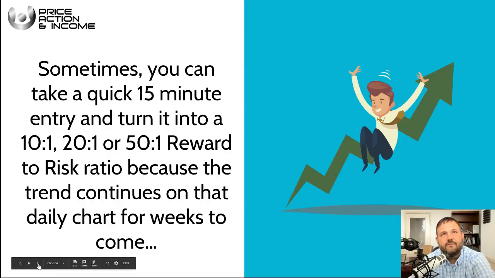Sometimes you can take a quick 15-minute entry and turn it into a 10 to 1, 20 to 1, or even 50 to 1 reward to risk ratio because the trend continues on that daily chart for weeks to come. Okay, and that is really important in expanding your profits, the big winners.